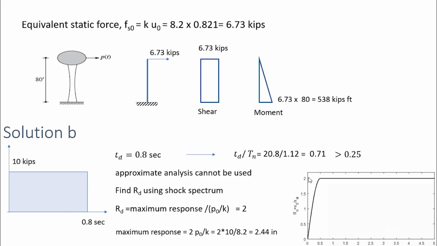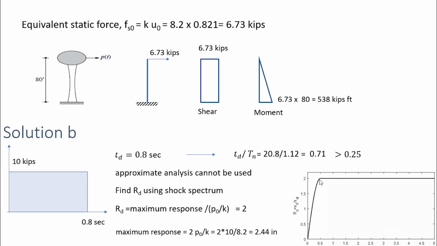This was the overall maximum response spectrum for a rectangular pulse force. We have drawn this before. So we will use this now and find the value of RD for Td by Tn equal to 0.71.